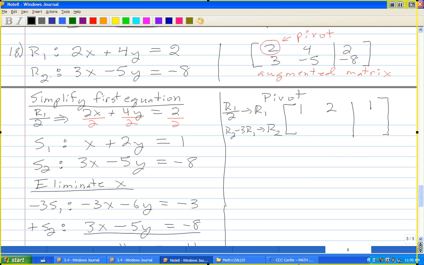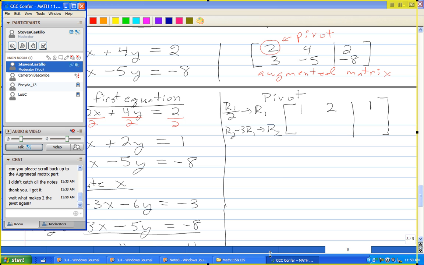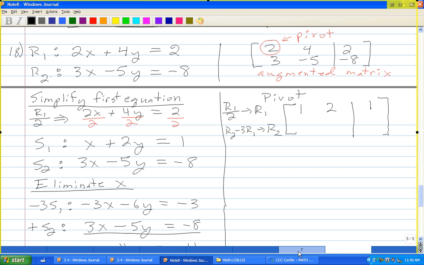What makes 2 the pivot? If you look in the very first row, it is the first non-zero number. And so it was the guy here. So if you add numbers, that's the pivot.